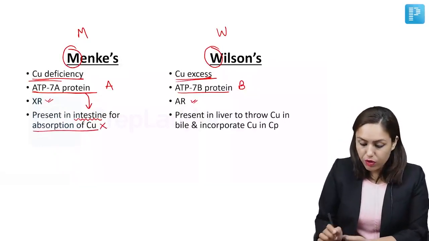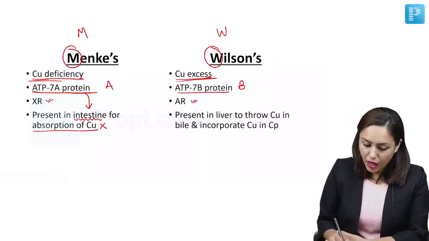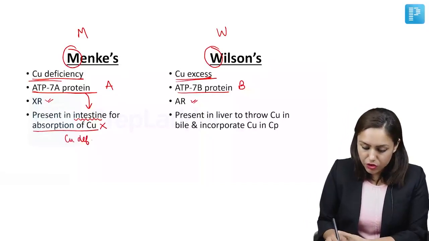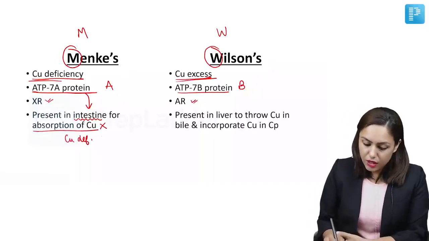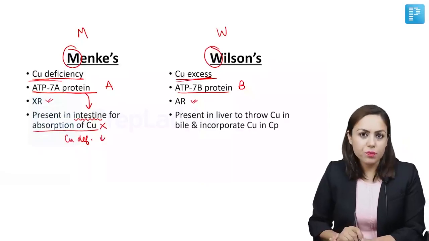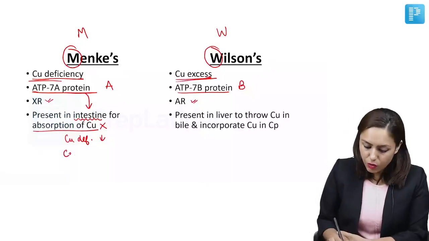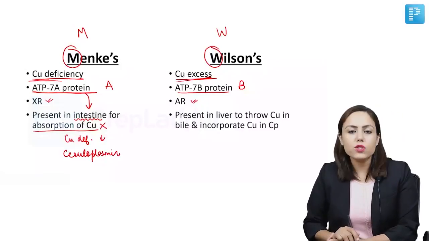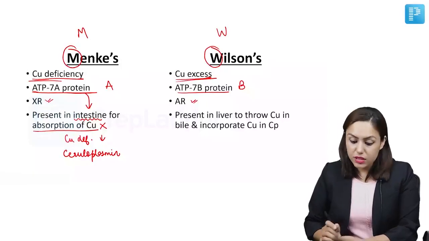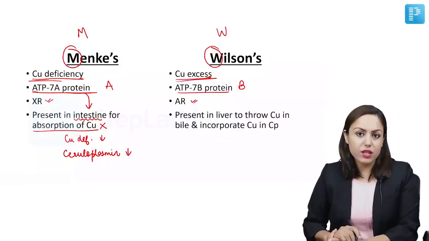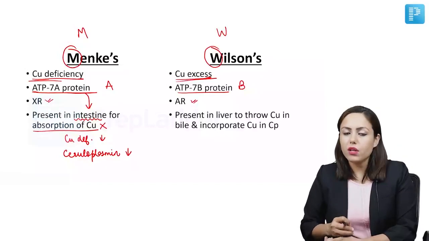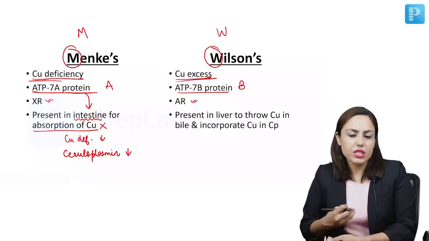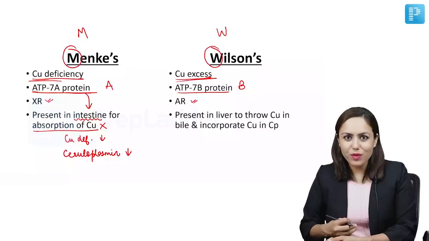So absorption of copper will not be done here, and there will be copper deficiency in the body, decreased copper in blood and urine, and ceruloplasmin. Ceruloplasmin is the protein which transports copper, and it is formed in the liver. This ceruloplasmin will also be decreased because there is not enough copper to be incorporated in ceruloplasmin, right?